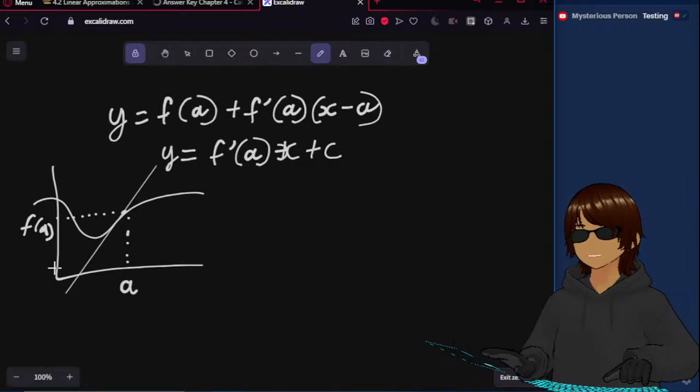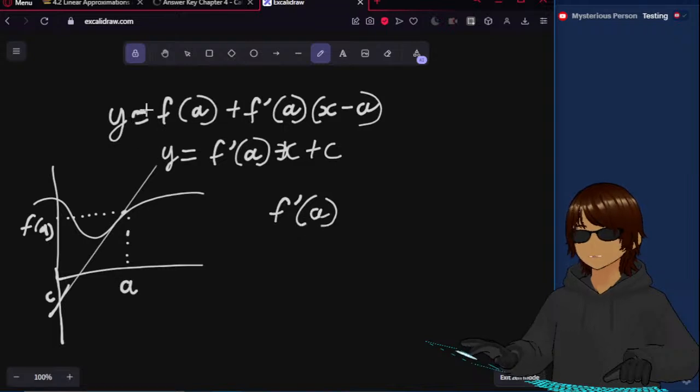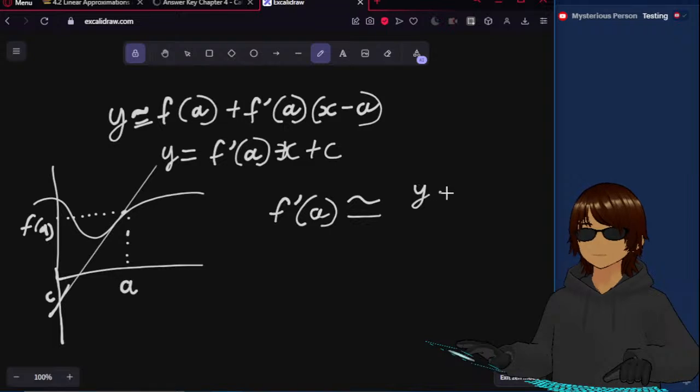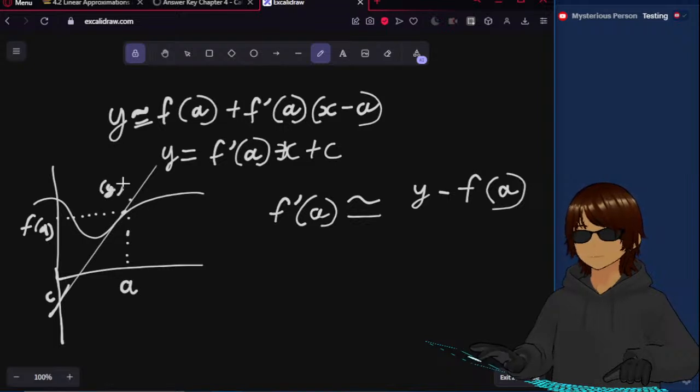This is the y-intercept for this line. So this is C. This is approximately... So this gradient is about the same as if I take a very close y point and x point, some x y point that's very close, and then divided by x minus a.